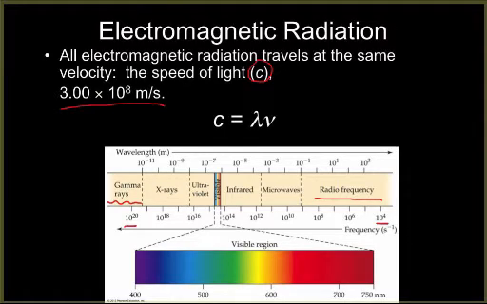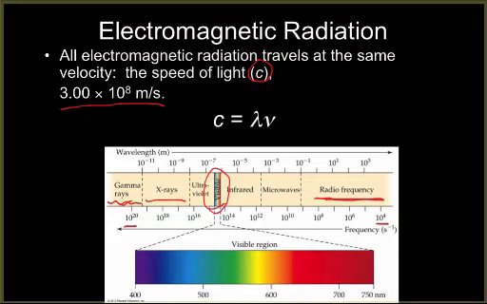You also notice that gamma rays and X-rays are more dangerous, things that have a higher frequency, whereas over here, these are things that are not as harmful. The higher the frequency of something, the more potential it has to damage our cells, which is why those things are dangerous. The other thing you'll notice is this real tiny section here is visible light.